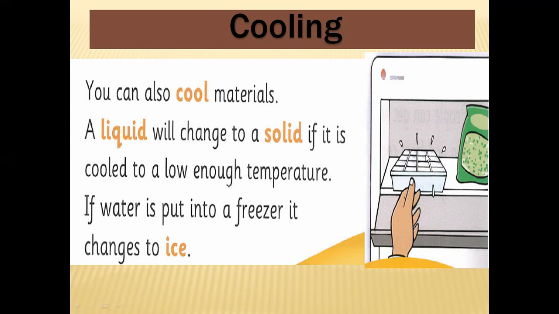If we put them outside, what will happen? They will get heat and they will be damaged. But when we put them in the freezer, the liquid will change into solid and it will remain as it is. It will remain safe.